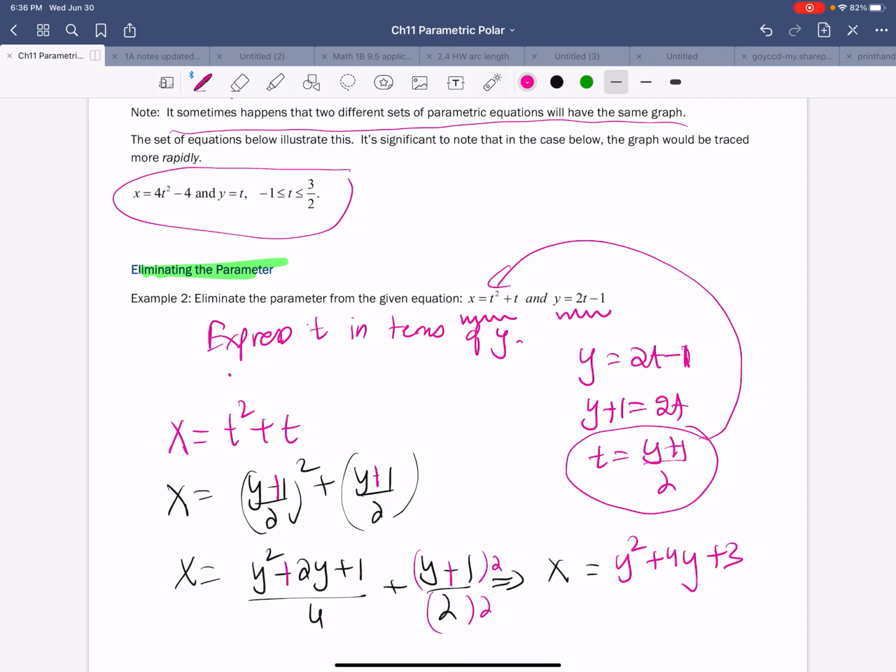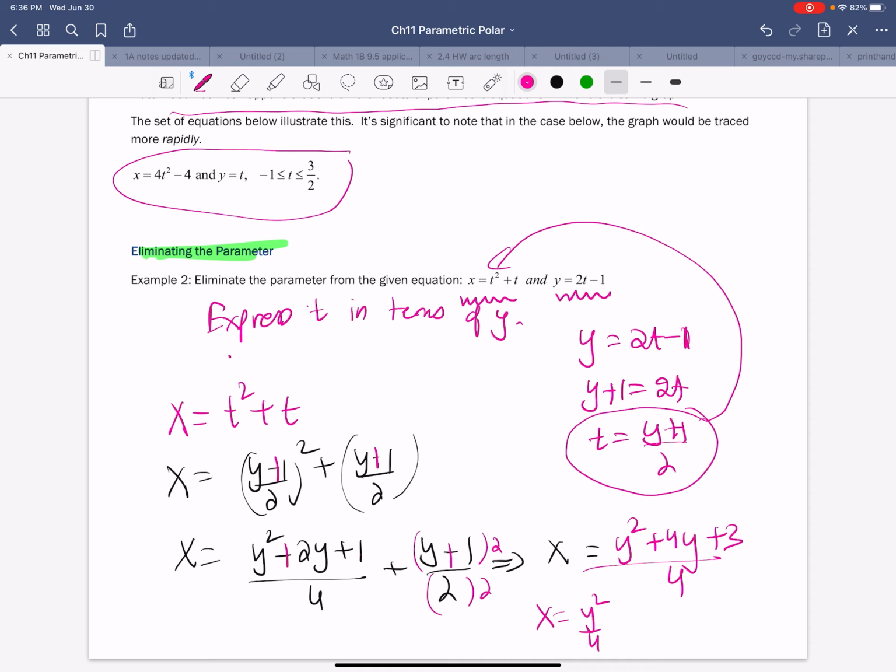So we can say x is equal to y squared over 4 plus y plus 3 over 4. And that's the equation in terms of x and y, from the parametric equation given.